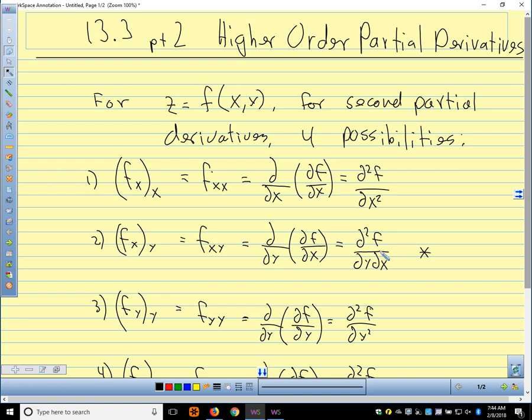Because with a 3 variable function, it's the third mixed partials that are equal, not the second mixed partials. So it's just to pay attention to the order that you're doing a derivative in, in general with a multivariable function.